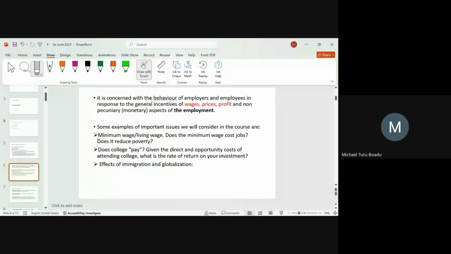At the same time, it is also going to affect people who must be employed. So there's a trade-off between calling for wage increment and the number of jobs that can be created, and even with respect to the level of poverty.